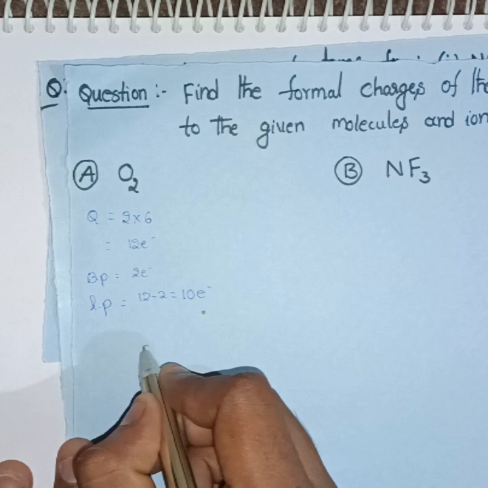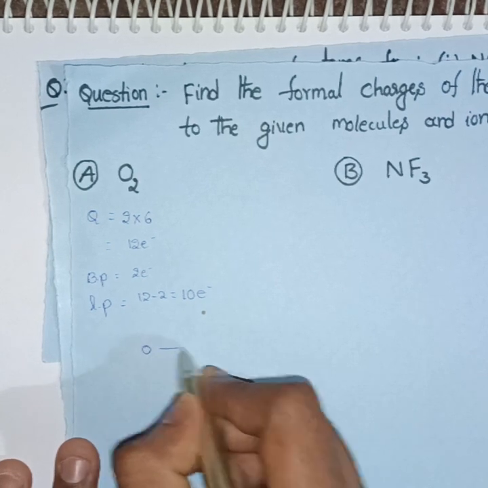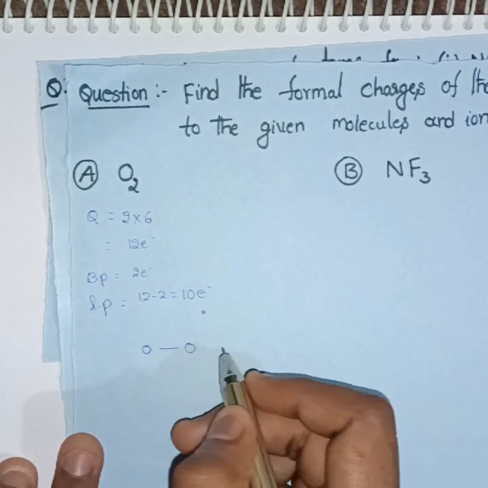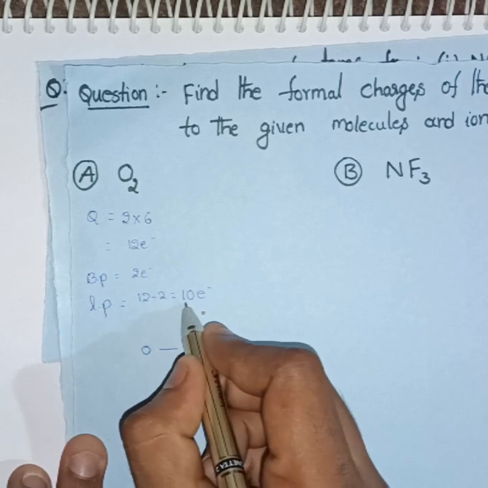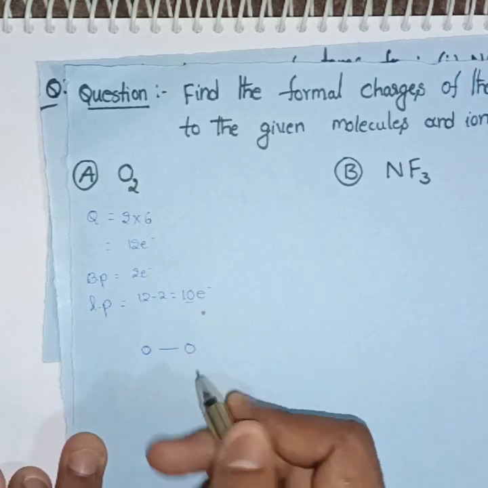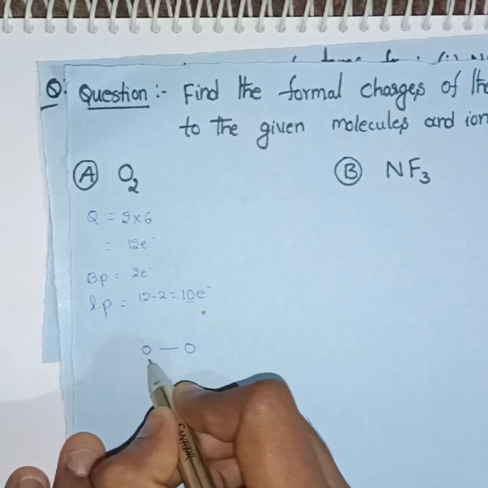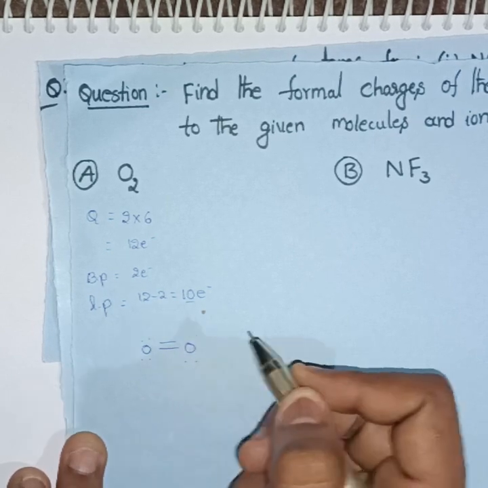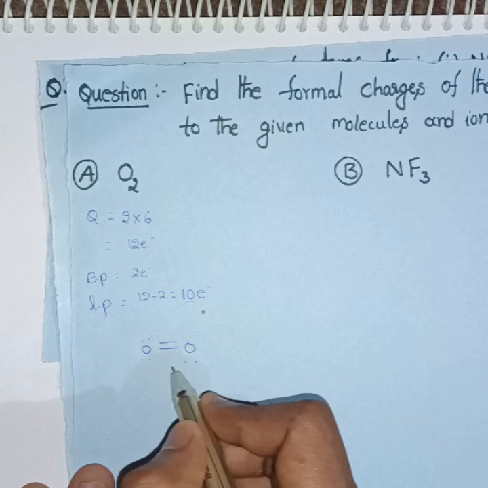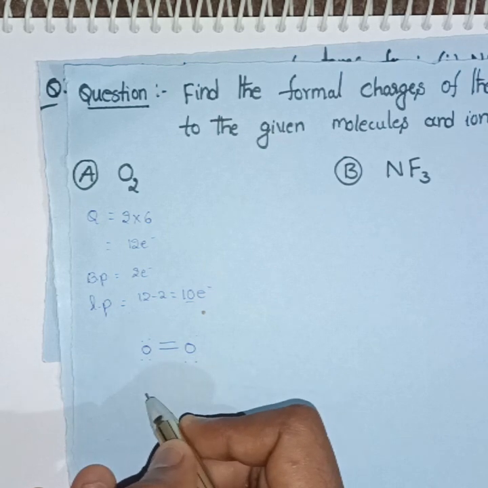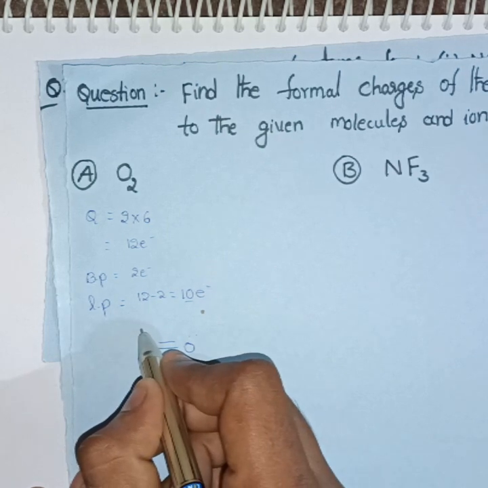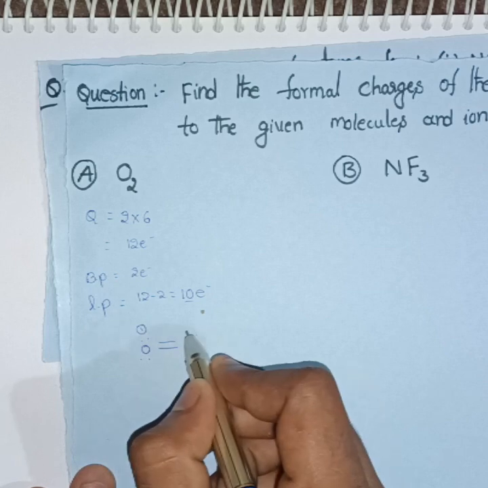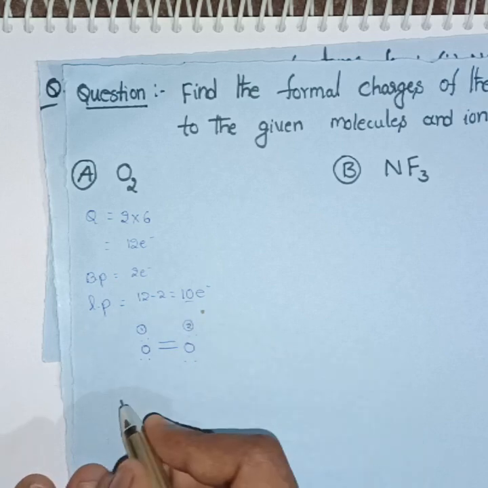Then the structure will be O with one more oxygen atom. Here we have to fill 10 lone pair electrons: 2, 4, 6, 8, 10. Let's find out the formal charges of these 2 oxygen atoms. We have to mark it as 1, mark it as 2.